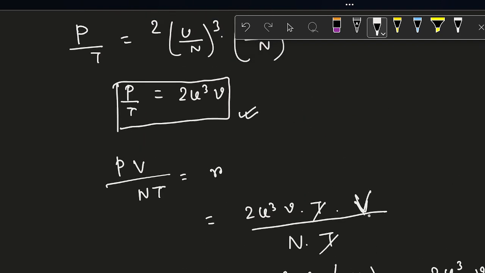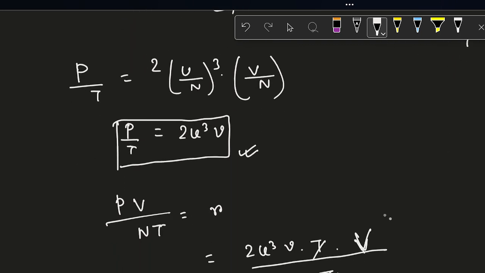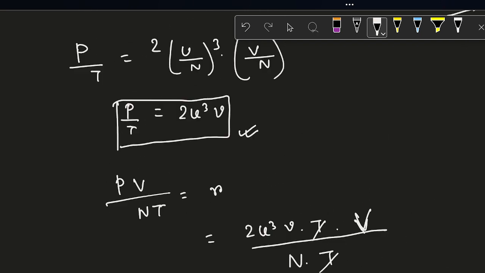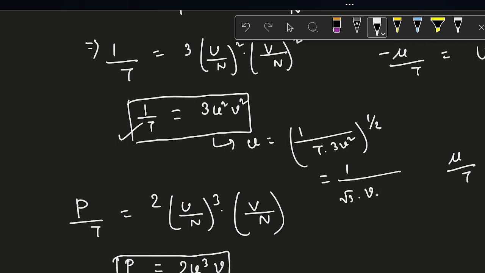There is an easy way to do that: you take this expression, and here you change the u in terms of just v and t. In this case you have u cube over here, so you get the value of u from this expression. So your small u is equal to 1 by t into 3v squared, and you have to take a square root. So it will give you 1 by root over 3 small v into root over t, right?